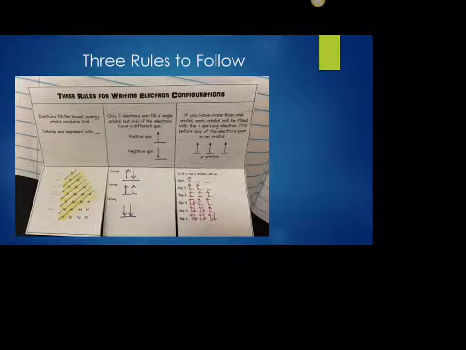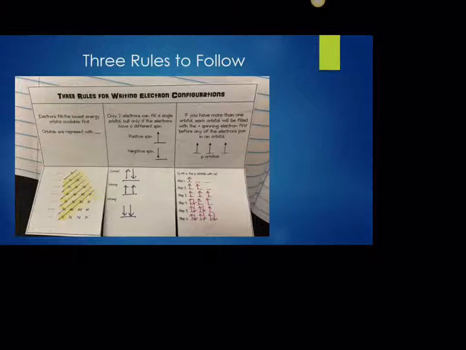Alright, the second rule is the one in the middle, and that was Pauli's exclusion principle. This is where 2 electrons can fill a single orbital, but only if the electrons have a different spin. So again, the orbitals are going to be represented with these lines. Those are the circle, dumbbell shapes, and then the clover leaf patterns in S, P, and D. So we're representing those orbitals with straight lines.